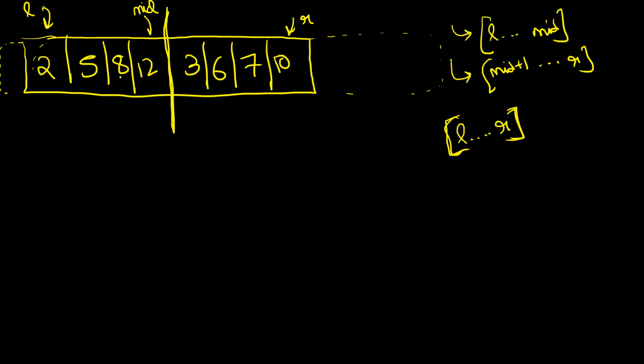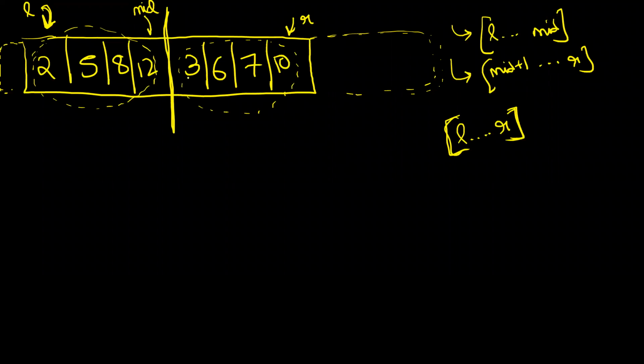This time, think that this is a very big array, and from index L till index mid is a sorted subpart, 2, 5, 8, 12, and from index mid plus 1 till R is another sorted subpart.